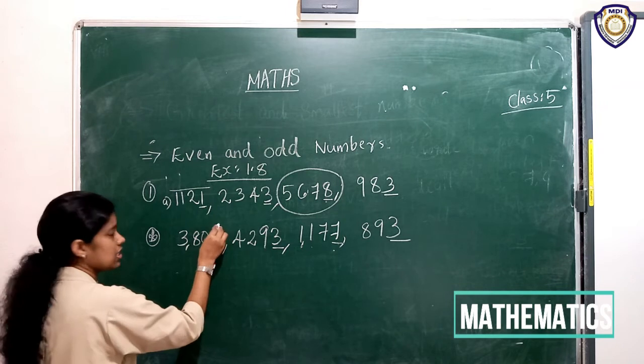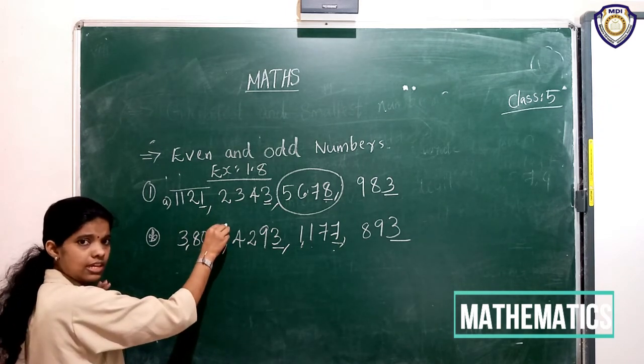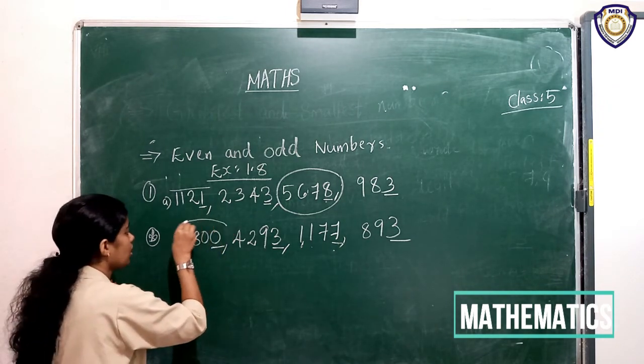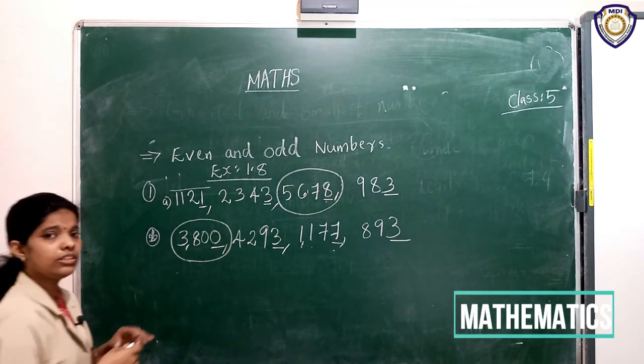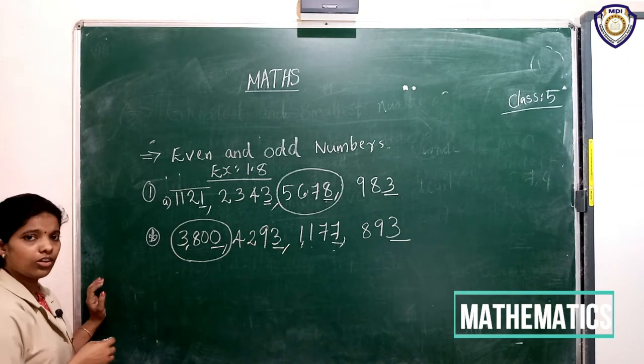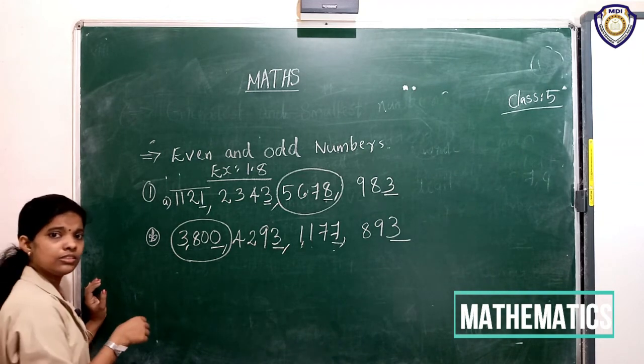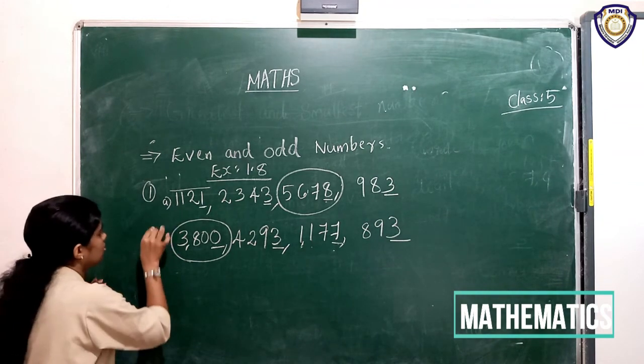Okay, 0 is the even number. Circle this number. All of you circle. Okay.